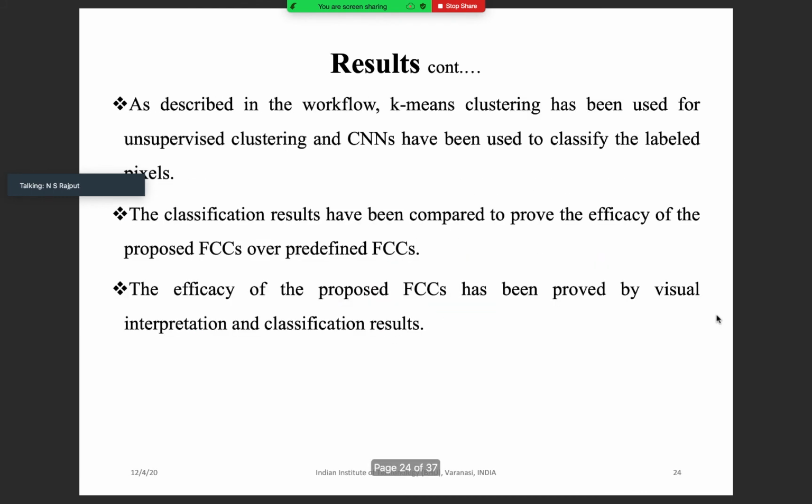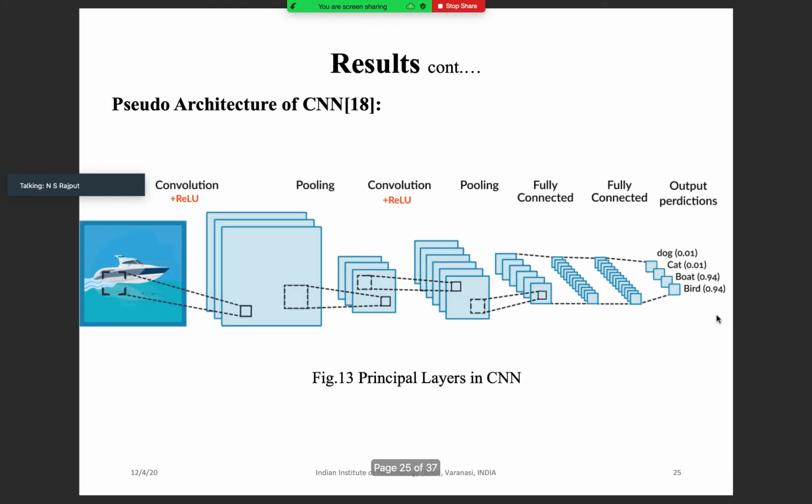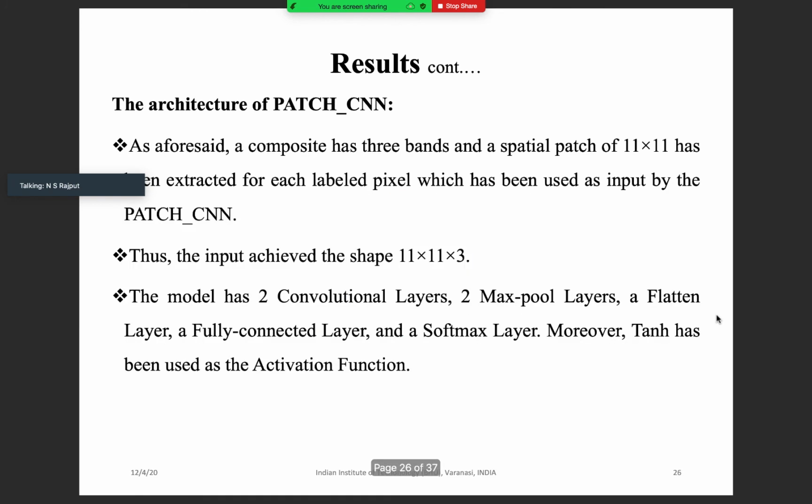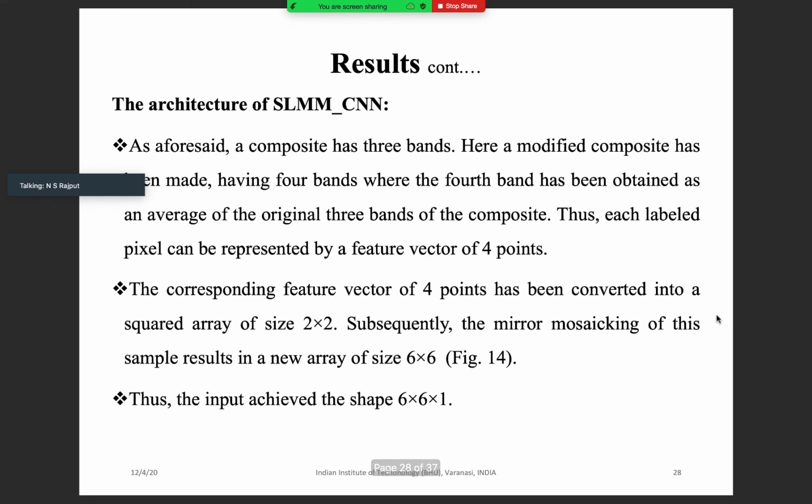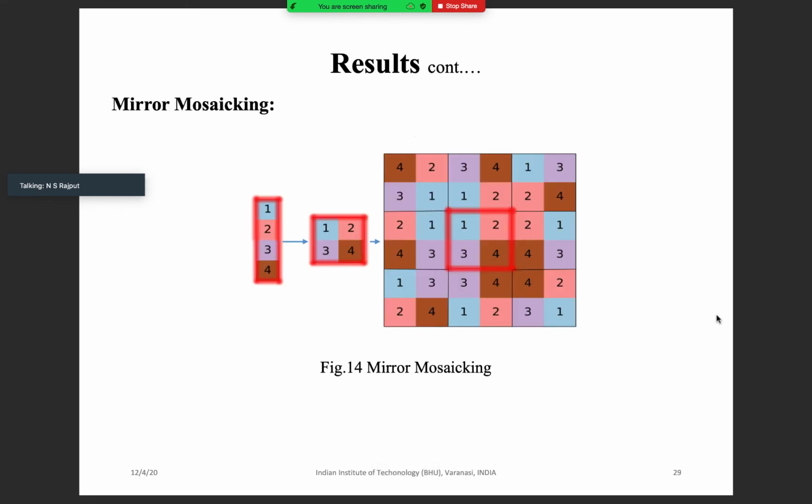And the same thing we worked on using convolutional neural networks. In the neural network we have used a standard neural network, the traditional CNN, simplified. The difference is that we had only three bands, and therefore only three pixels, pixel number 1, 2, 3, as shown at the center.